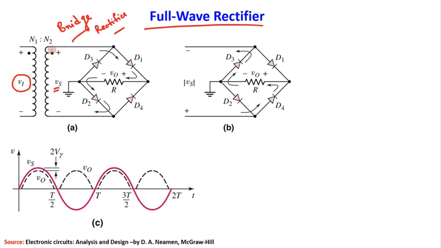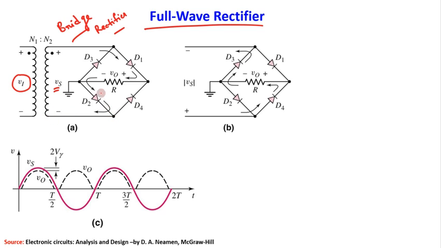Then let us see what is happening. One side of this transformer secondary coil is connected here, and the other side is connected here.